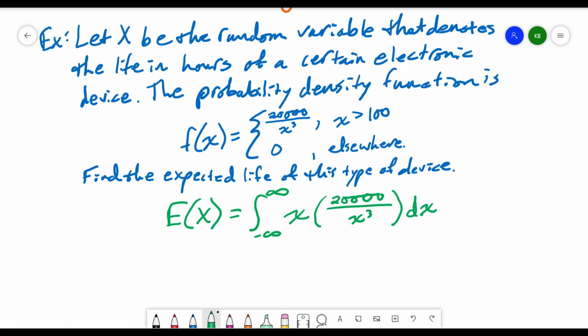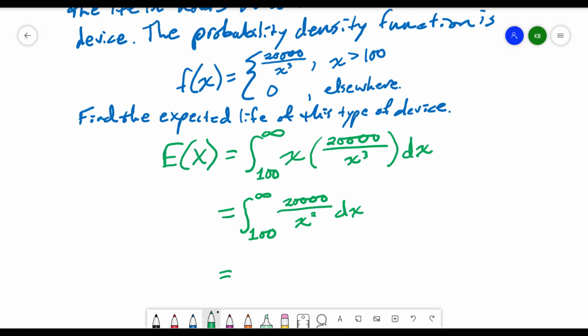So we can see that this is for x greater than 100. Otherwise, it's 0, so the integral everywhere else is 0. So we have a minimum value of 100 here. And I have an x in my numerator and an x cubed in my denominator, so I really have the integral from 100 to infinity of 20,000 over x squared dx.